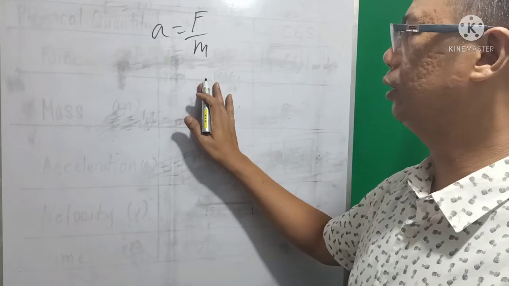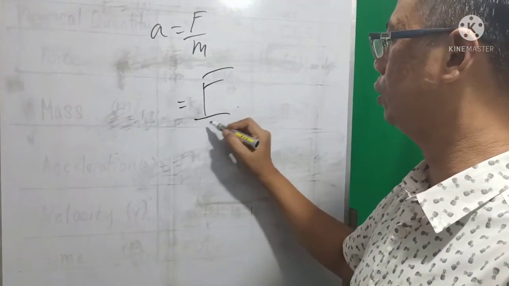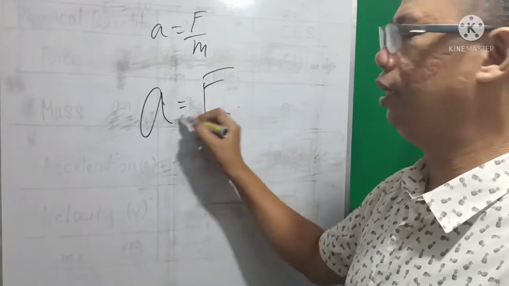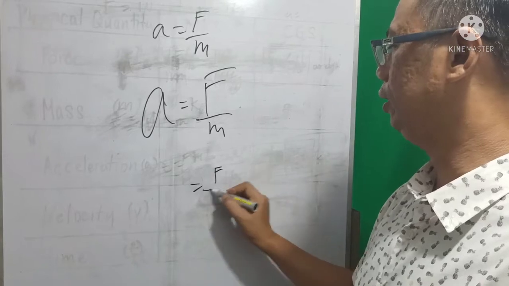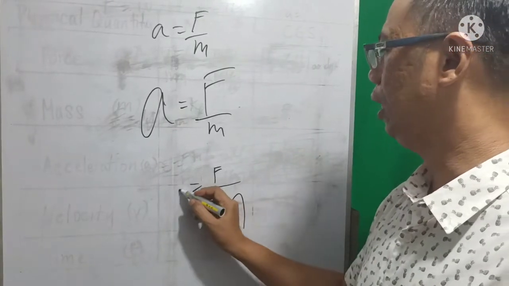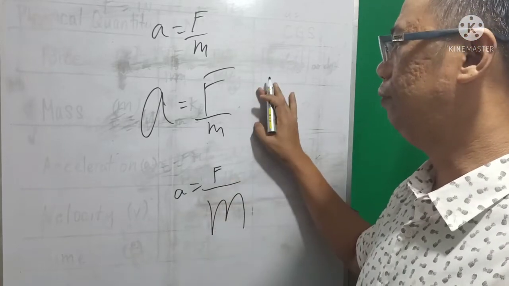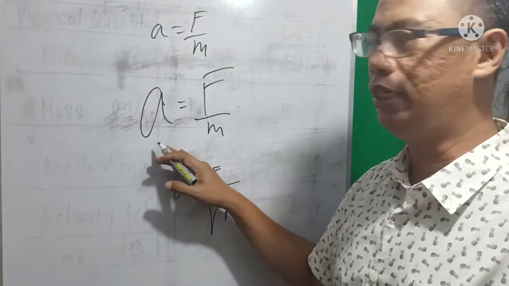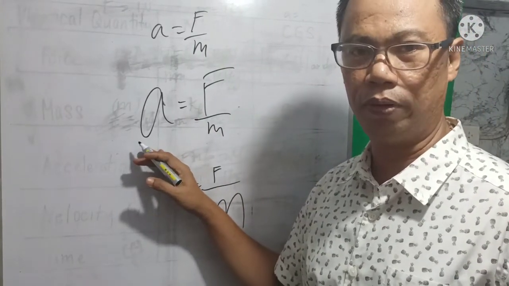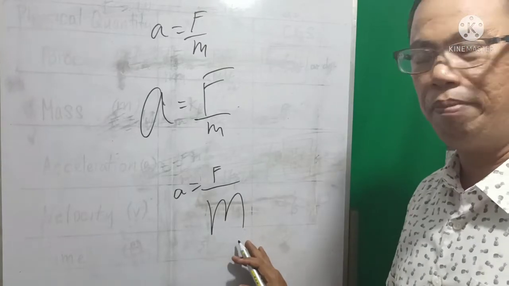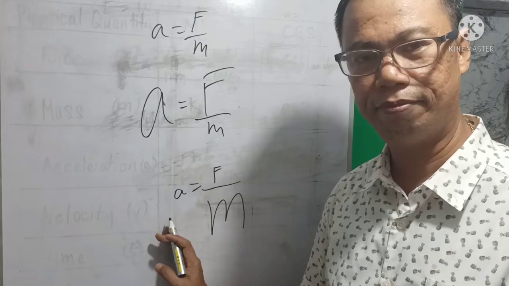In this case, if we're going to increase the force, the acceleration increases. If we increase the mass, the acceleration decreases. In fact, as we have stated, if we double the force, the acceleration also doubles. And if we double the mass, the acceleration decreases into half.